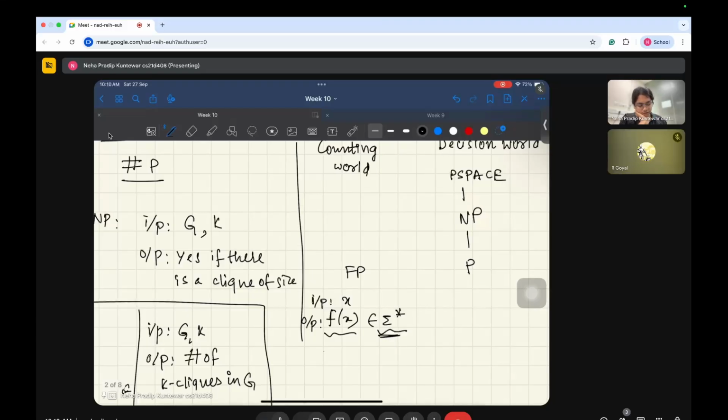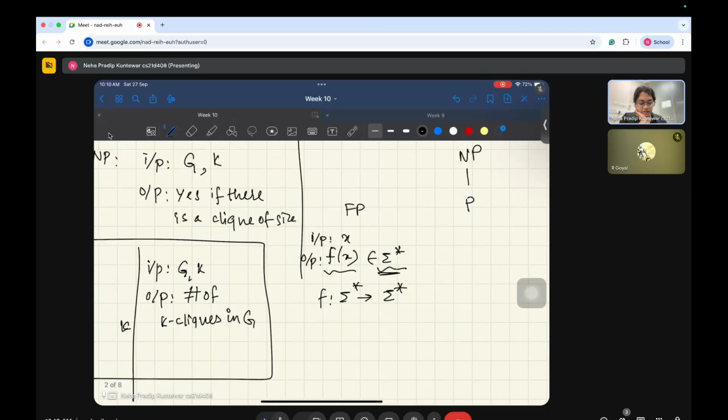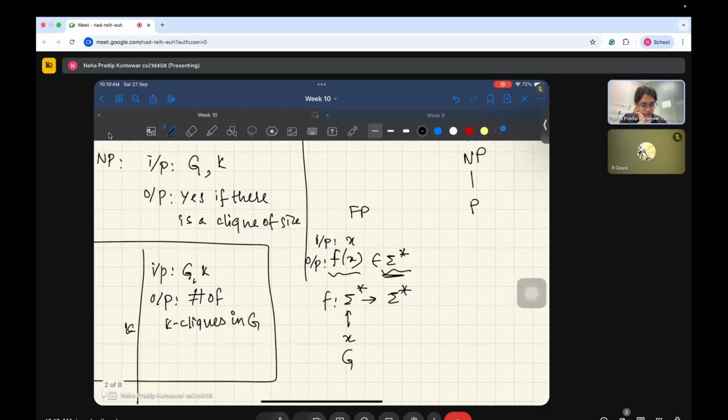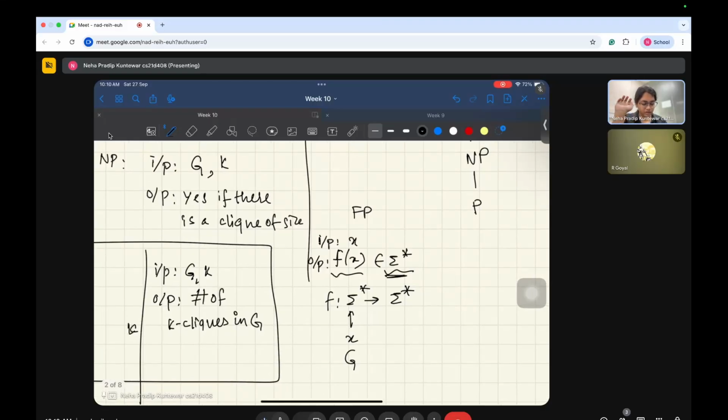So f is a function from sigma star to sigma star. And this is our input, which could be, let's say, a graph G. I'll just take a very simple problem for now.